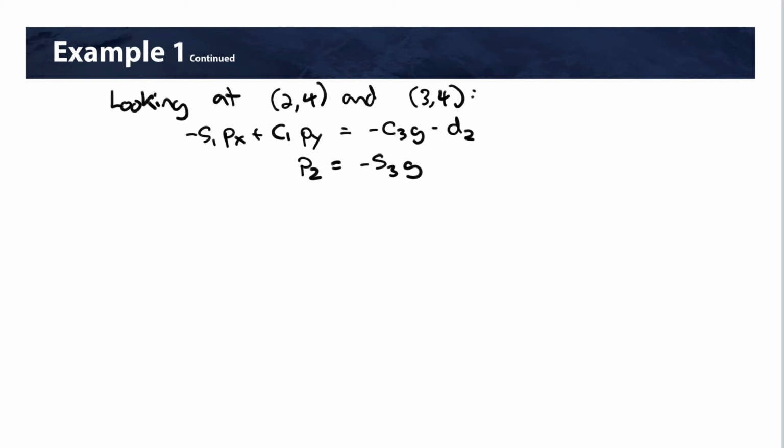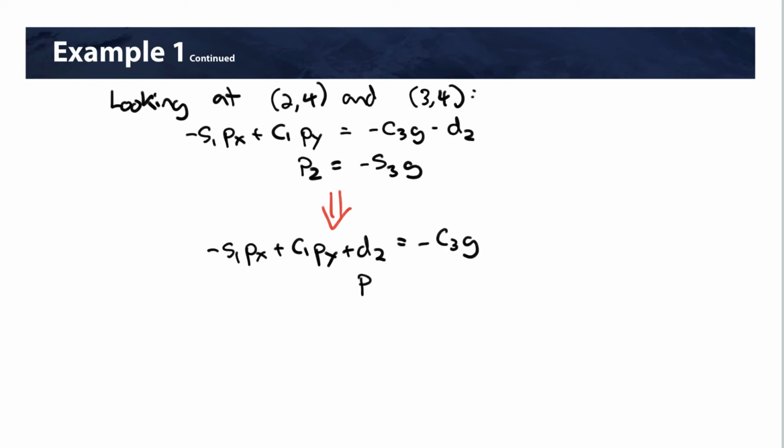So we can rearrange these. We'll bring the D2 over to the left-hand side, and keep in mind, we already know theta 1, so we know that side already. So we get minus S1px plus C1py plus D2 is equal to minus C3g.